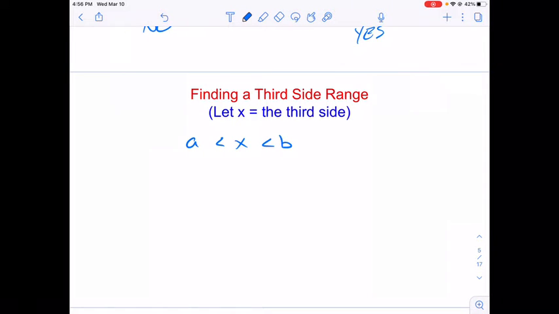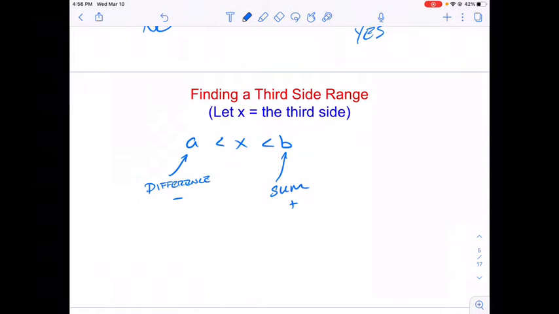The a is our difference, so we subtract our values. The b is our sum, when we add them. So we subtract and then we add to get our third side. Our third side is somewhere between these two. That's how we get our a values when we subtract, our b values when we add.